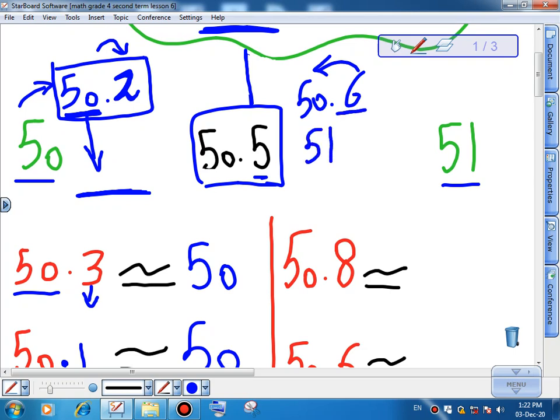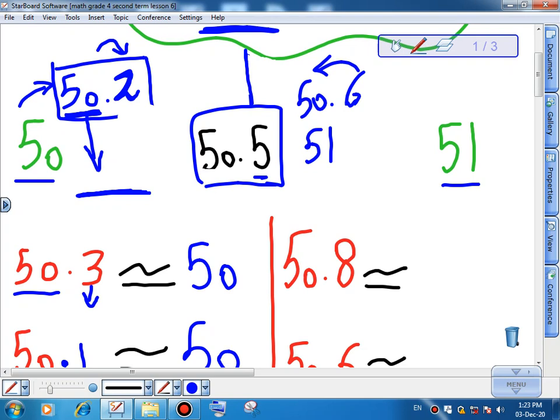What about the decimal part? Just go. In the first case, if it's smaller than 5, it goes and doesn't do anything to 50. But here, 6 goes, but first, before it goes, add 1 to the whole part, which will be 51.